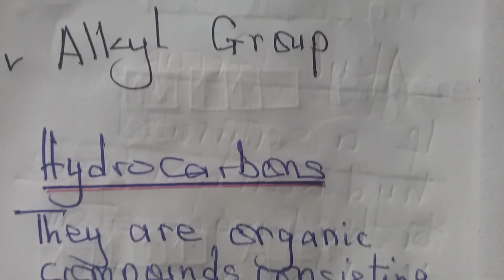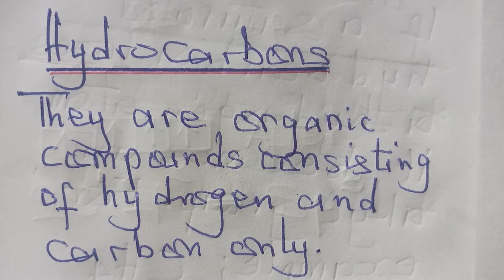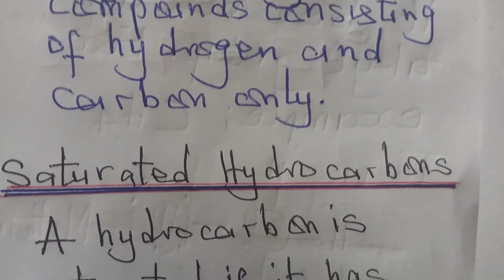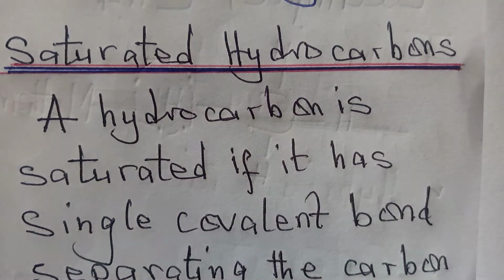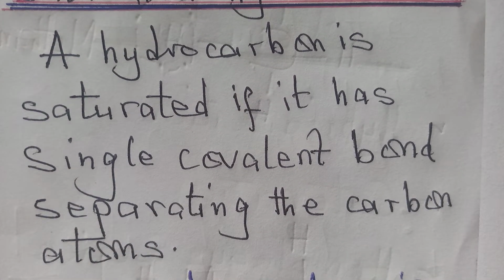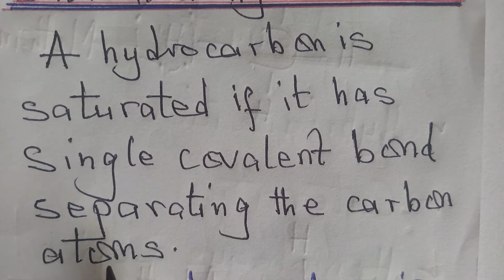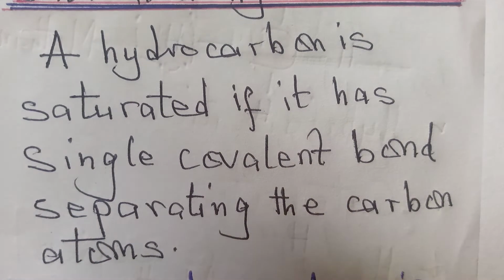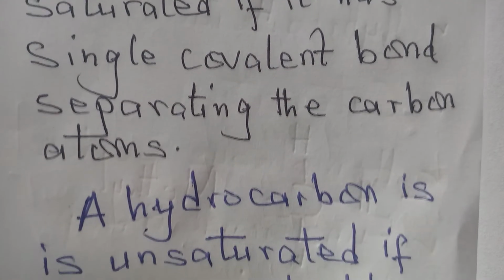Of course, we have already defined hydrocarbons as organic compounds consisting of hydrogen and carbon only. When a hydrocarbon is saturated, it means that it has single covalent bonds separating the carbon and hydrogen atoms. So that single bond makes the hydrocarbon saturated.